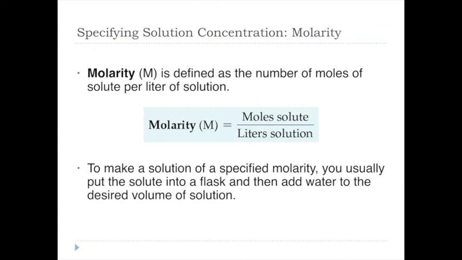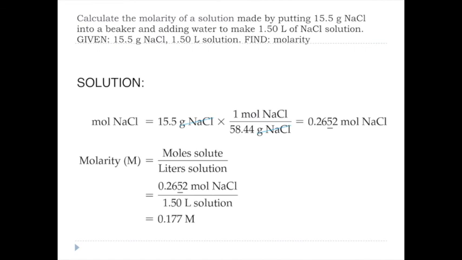Okay. So we have an example here. It says calculate the molarity of a solution made by putting 15.5 grams of sodium chloride into the beaker and adding water to make 1.5 liters of sodium chloride solution. So we need moles of solute and we need liters of solution. Well, they've already given us liters of solution, right? It's 1.5 liters.